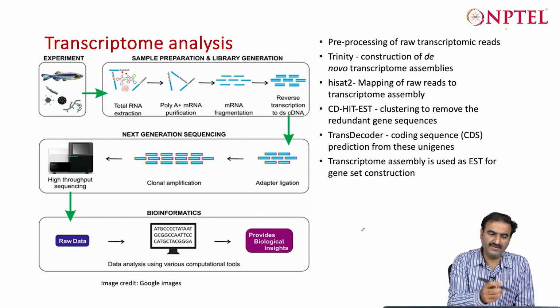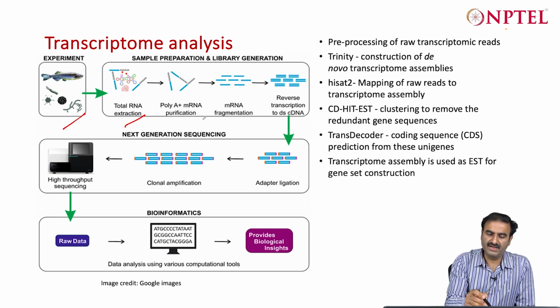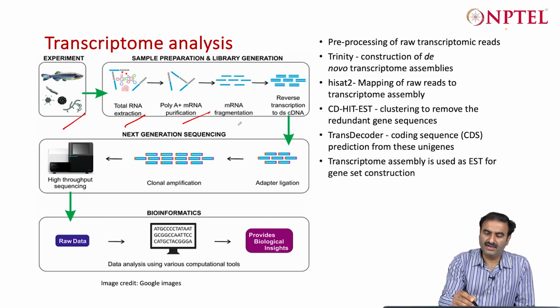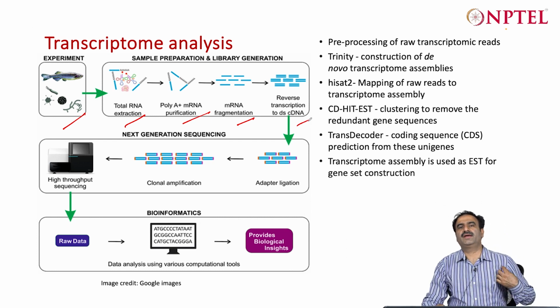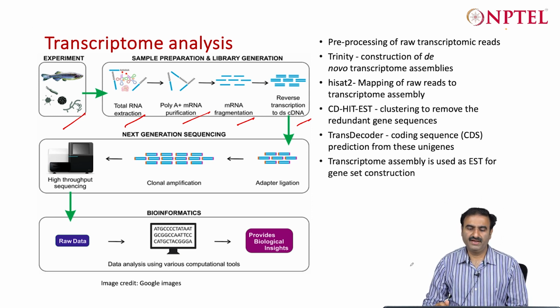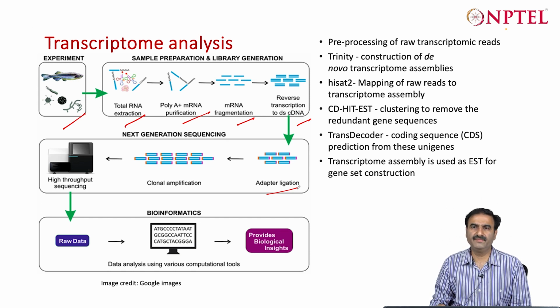So basically you have to identify the organism and do the total RNA extraction, and then purify the mRNA by getting rid of the other types of RNA in the cell, fragment it, and convert it into cDNA, because mRNA cannot be sequenced directly as it is very unstable also. So you convert that into cDNA, and then ligate adapters at both ends, or follow the protocol which the sequencing library provides, or the sequencer requires.